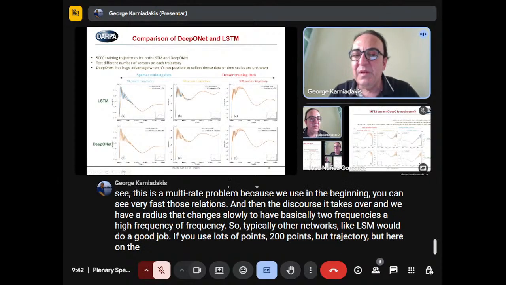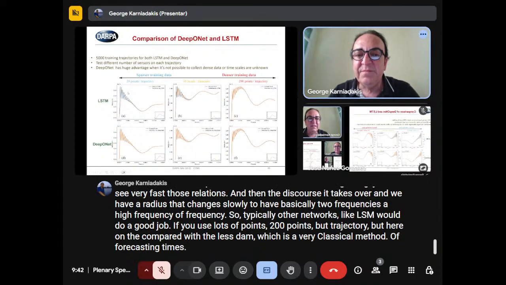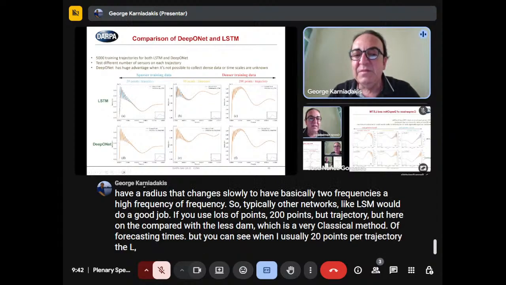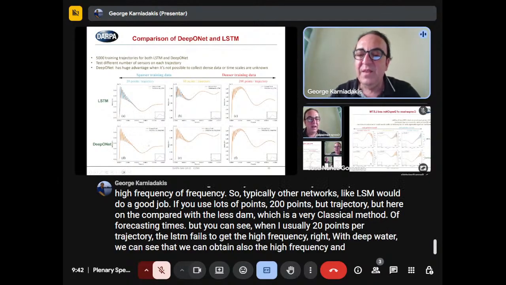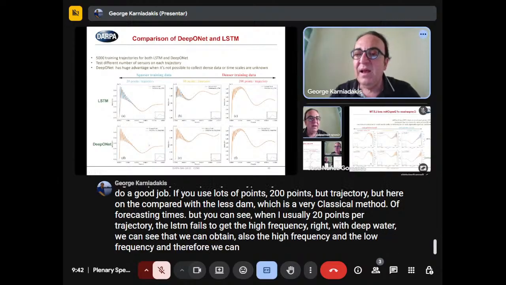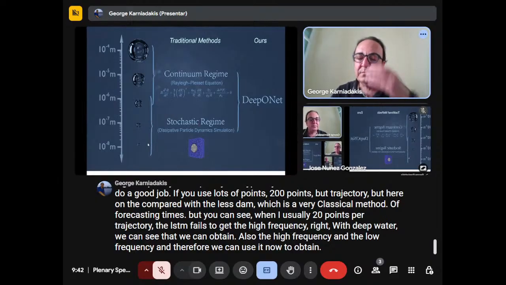But you can see when I use only 20 points per trajectory, the LSTM fails to get the high frequency right. With DeepONet, you can see that we can obtain both the high frequency and the low frequency, and therefore we can use it now to obtain all types of forecasting of series.